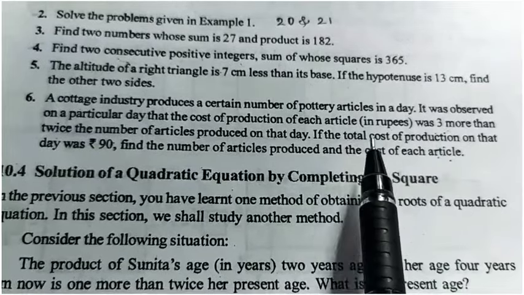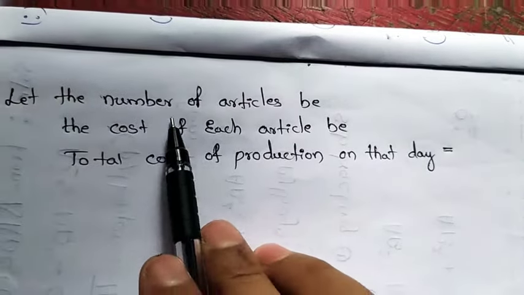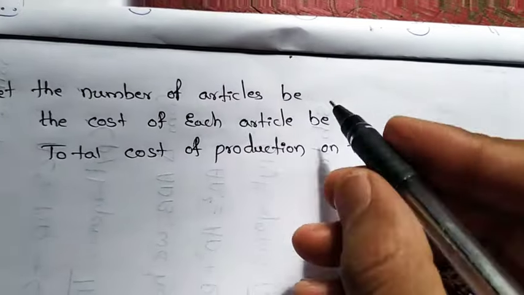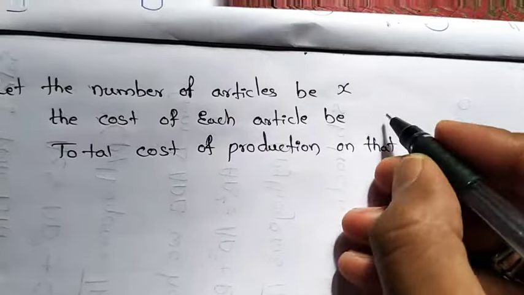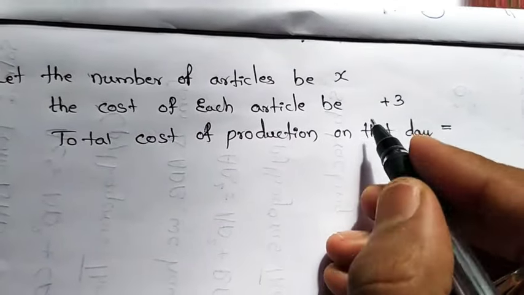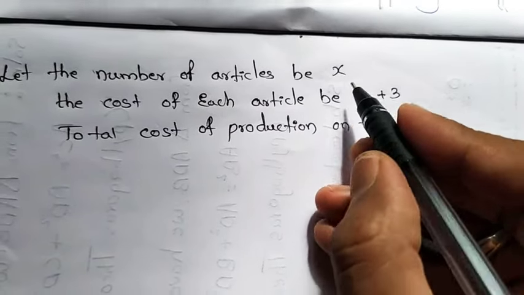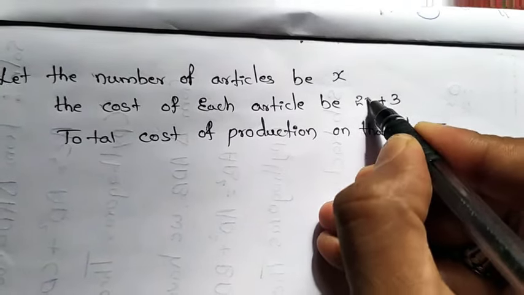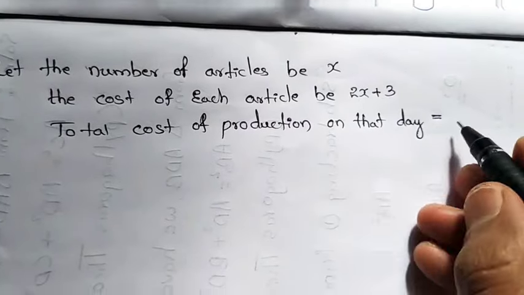So writing in descriptive way, the number of articles be x and the cost of each article is 2x plus 3.